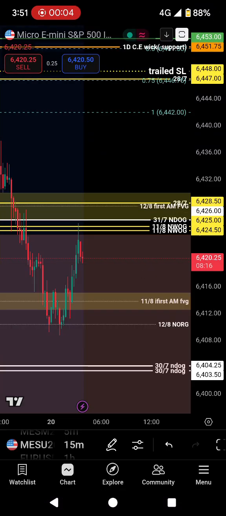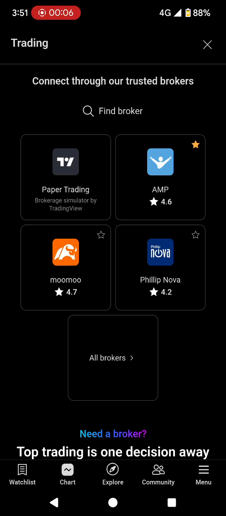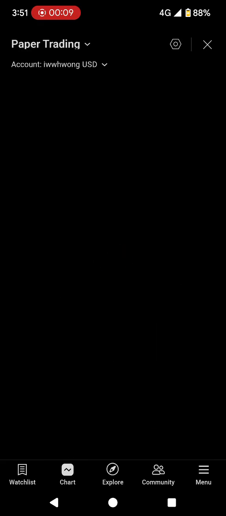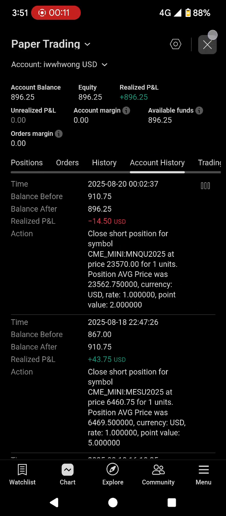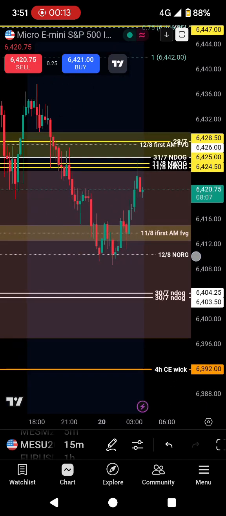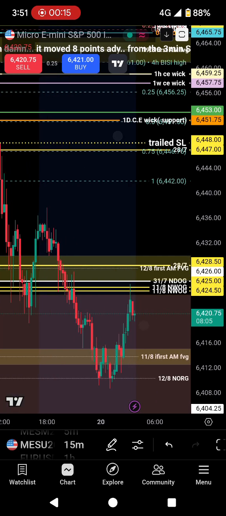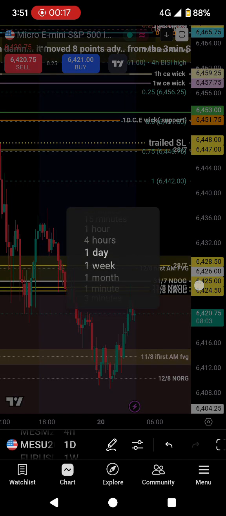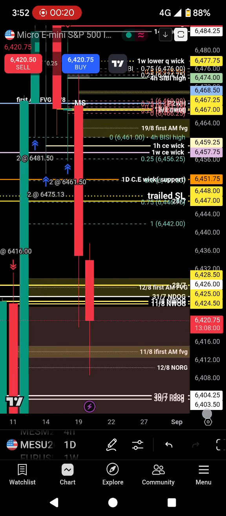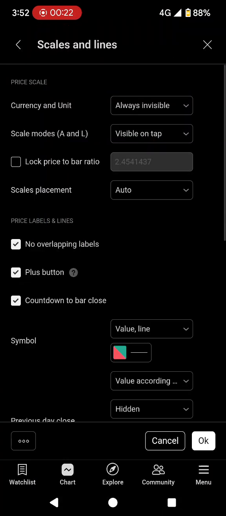Okay, so first let's log in. Let's see what we can get on the 350 macro here, okay? So go to the daily chart, tick off all the executions.